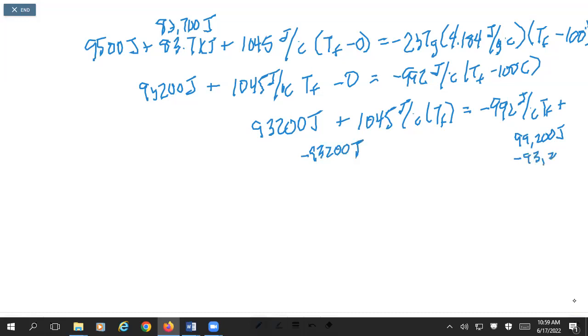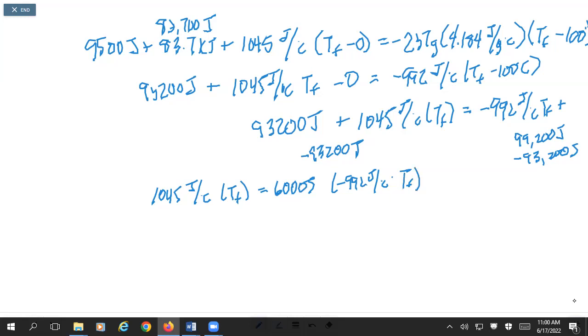So that's going to give me 1,045 joules per degree Celsius times TF is equal to 6,000 joules minus 992 joules per degree Celsius times TF, or excuse me, plus. And now I'm going to add the 992 to each side.